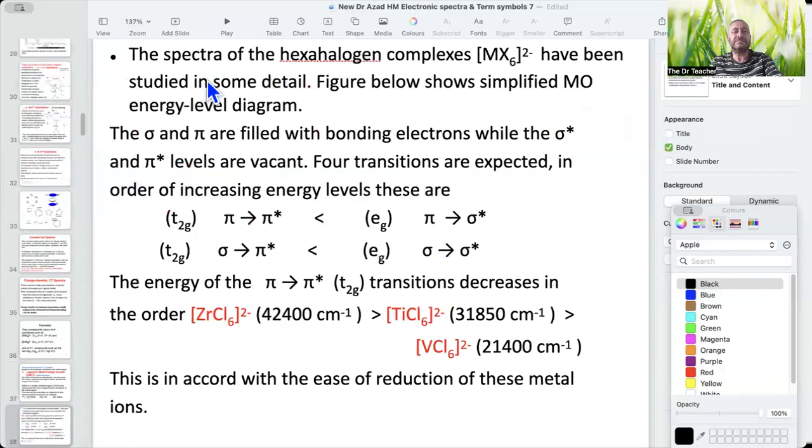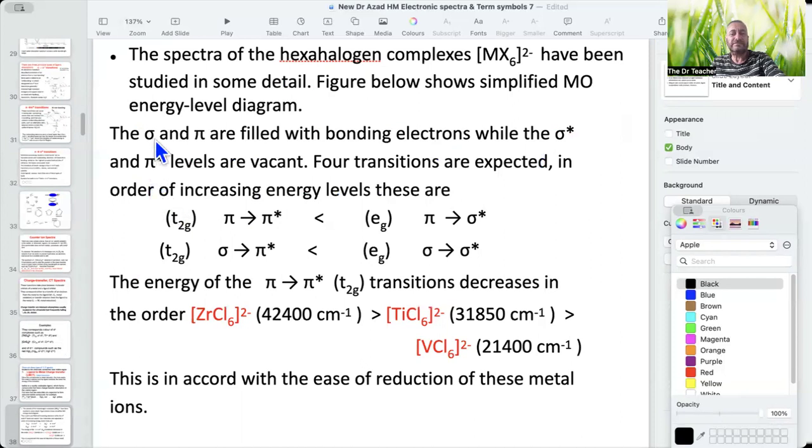The spectra of the hexahalogen complexes have been studied in detail, and we will show you some figures, an energy level diagram. If the sigma and pi are filled with bonding electrons, while the sigma star and pi star are empty or vacant, 4 transitions are expected.